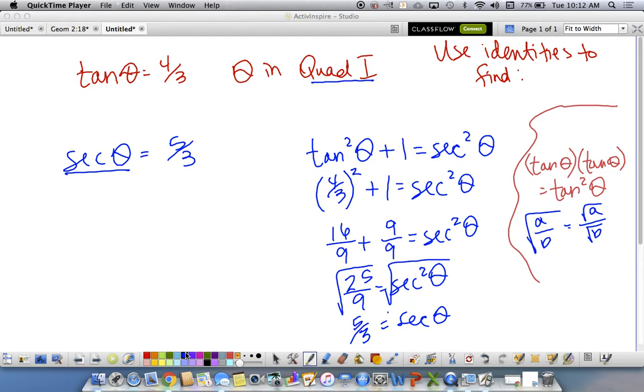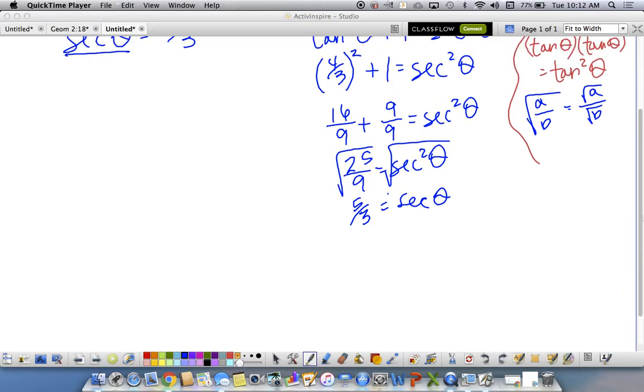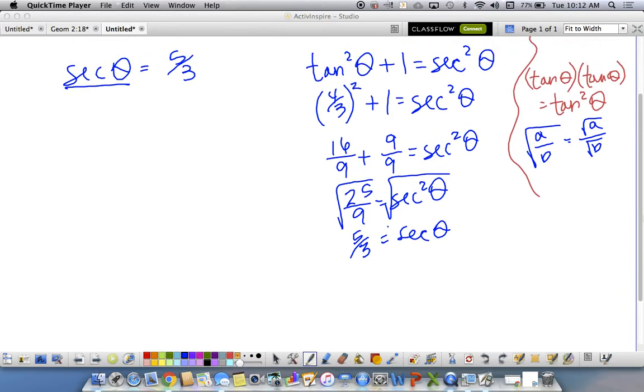Yes. Any questions? Awesome. How did you do the square root? When you have a square root of a fraction, it really is the square root of the top divided by the square root of the bottom. So what's the square root of 25 divided by the square root of 9?